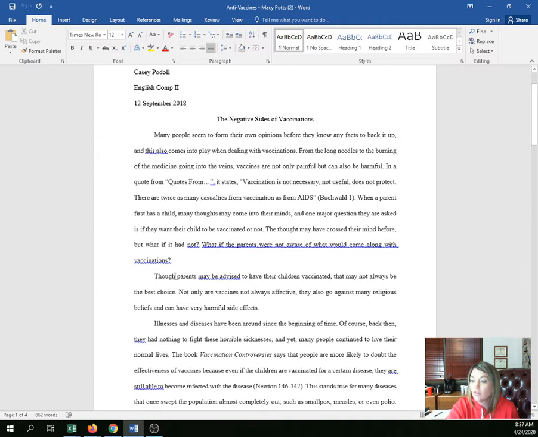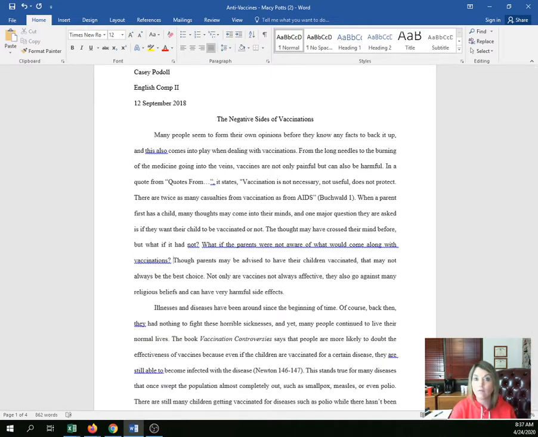So she's pulled her thesis out just so we can really see it here. And like I said, this was not how she felt on the subject. She's very pro-vaccines, but she had to do the negative side. So though parents may be advised that the children should be vaccinated, that's not always the case. So that's the overall thesis. And we have our A, B, and C. You must have that. Yours probably looks like this, and that's great. Let's look at it like this.